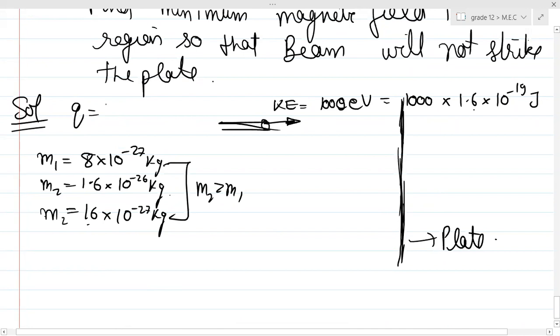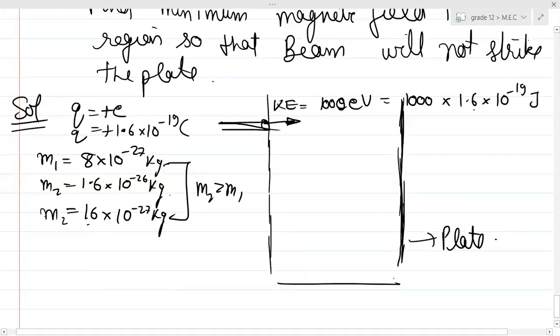If anything is singly ionized, what does that mean? Singly ionized means one electron removed, right? Charge on one proton, one electron removed. When we remove one electron, will the charge gained by every particle be equal to plus e, or plus 1.6 into 10 to the power minus 19 coulombs? So this will be the charge. These are the masses of the two particles involved, and they are saying there's a plate at a distance of how much?